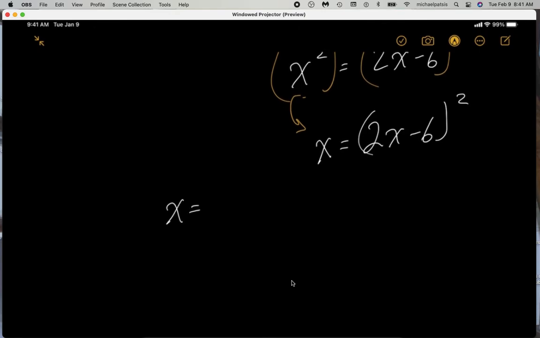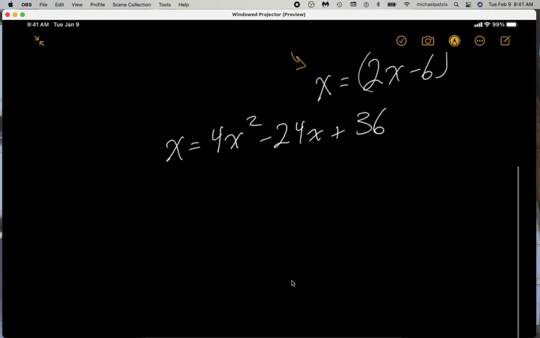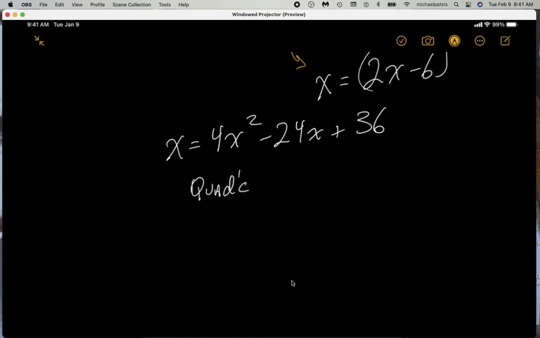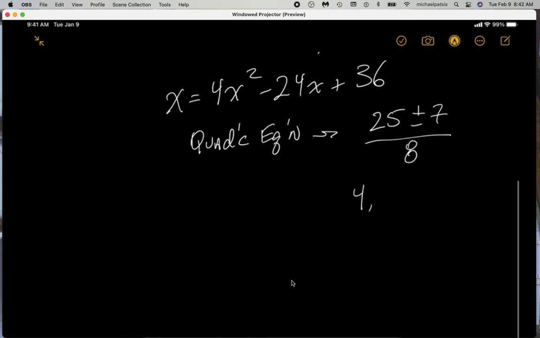So x is going to equal 4x squared minus 24x plus 36. We solve that using the quadratic equation. I don't want to do it in the interest of time. You end up with 25 plus or minus 7 over 8, and you end up with 4 and 18 over 8.